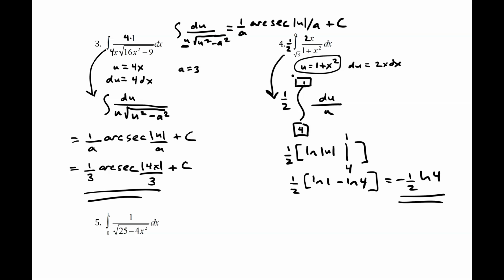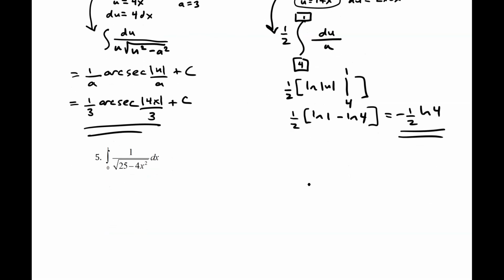Okay, question 5. This one we've got 1 over the root of 25 minus 4x squared, and a big difference between this question and the one that we just did is you might be considering again a u of 25 minus 4x squared, but in that case, wouldn't your du be 2x? Or I'm sorry, not 2x.